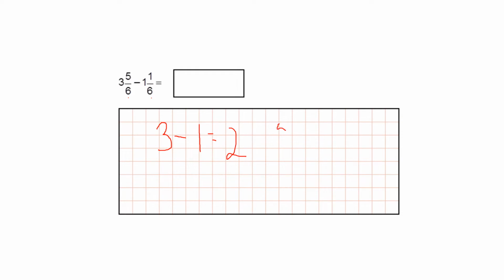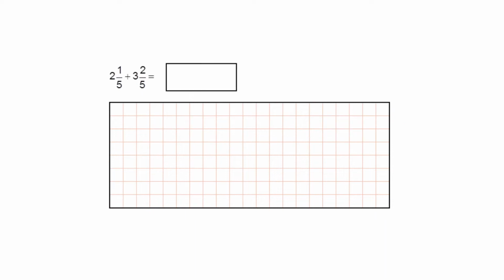So I know 5 sixths, take away 1 sixth leaves me with 4 sixths. So then I'm left with 2 and 4 sixths. So relatively easy question because I've got two denominators that are the same.